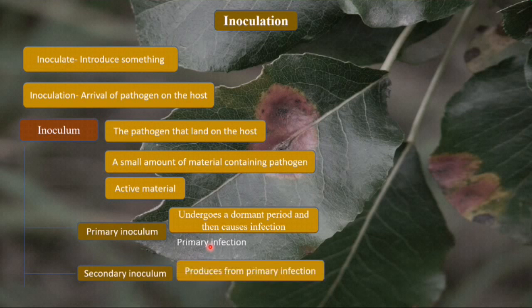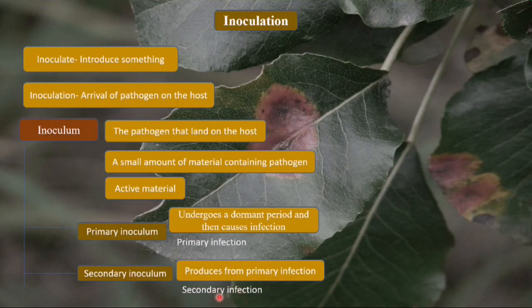Similarly, secondary inoculum is the one that is produced after primary infection, that is, secondary inoculum is a result of primary inoculum, right? So whatever the primary inoculum has produced after infection will be called the secondary inoculum. Now the infection that will be caused because of secondary inoculum will be termed secondary infection.